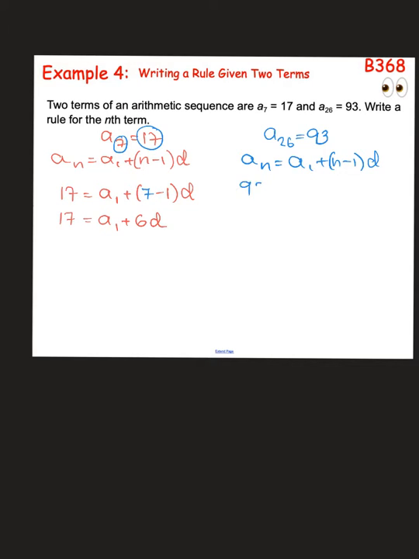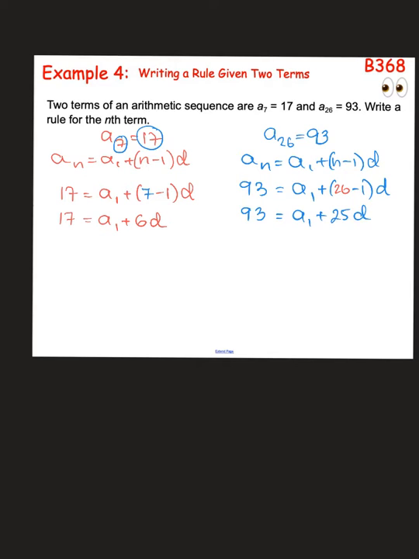So 93 is going to be, again, I don't know the first term. However, I know the term number, which is 26, and then subtract 1 times the common difference that I don't know.